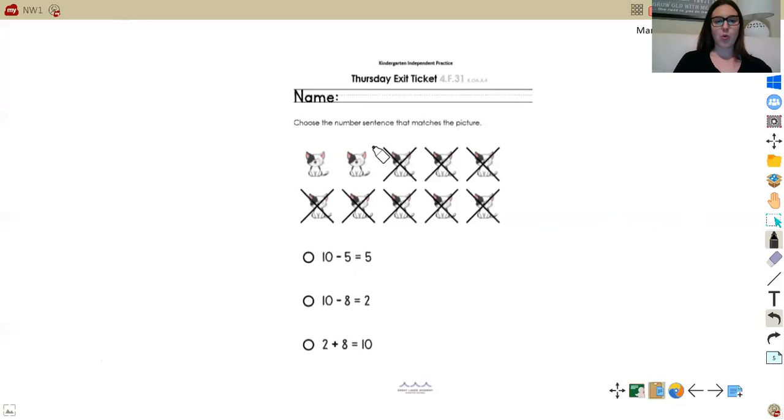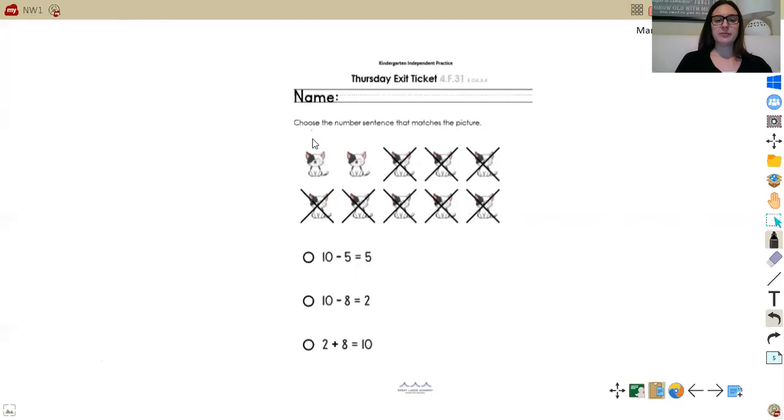So we can see here that there's x's. So we are looking for a subtraction because I know that when you take things away, you x out your picture. But before we can do that, let's go ahead and label our picture so we can find our whole, because I know in subtraction that our whole is always our first number.